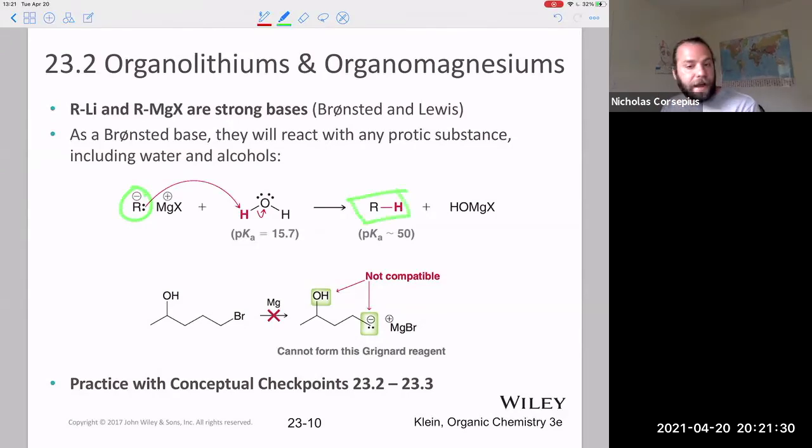You're going to be left with an alkane or something like that. Likewise, you can't have any alcohol groups. So you can't prepare a Grignard when there's an alcohol group present. We learned that you can put a protecting group onto that alcohol and then create your Grignard. But you can't have that OH, because all that's going to happen is it's going to react with that hydrogen.